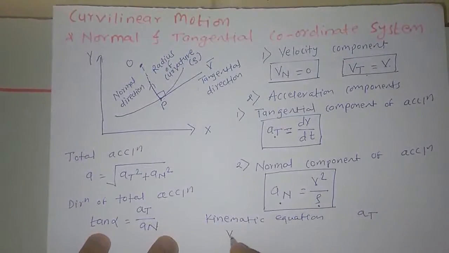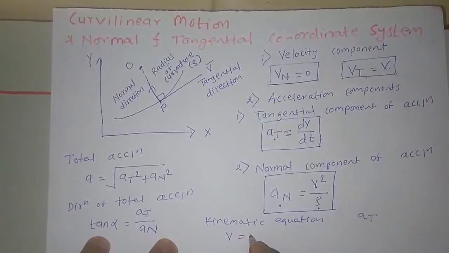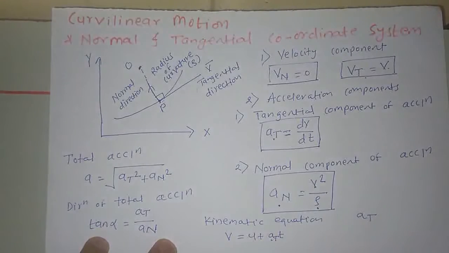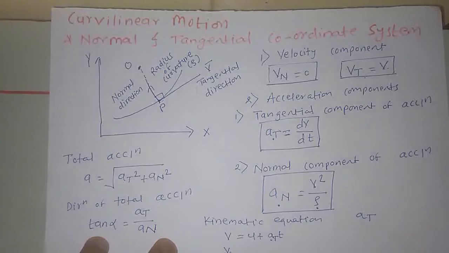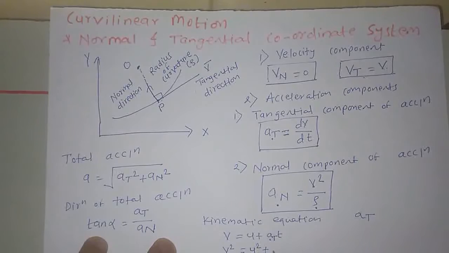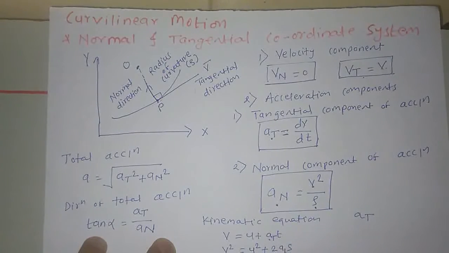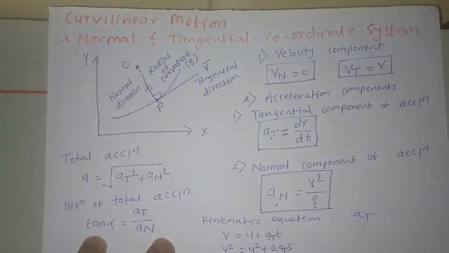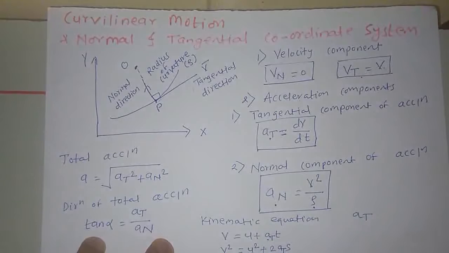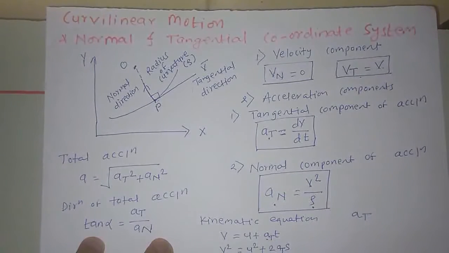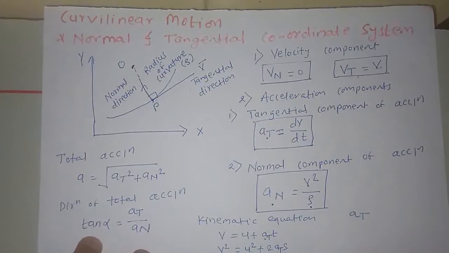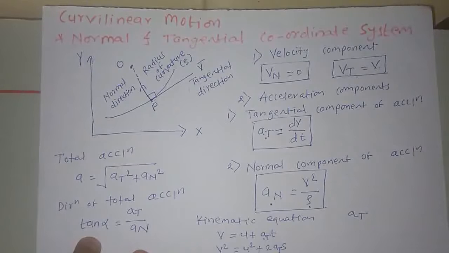We know the kinematic equations: v is equal to u plus at, so here we use the tangential acceleration at. Another is v square equals u square plus 2as, using acceleration in the tangential direction. And the last one is s equals ut plus 1/2 at square, again using acceleration in the tangential direction.